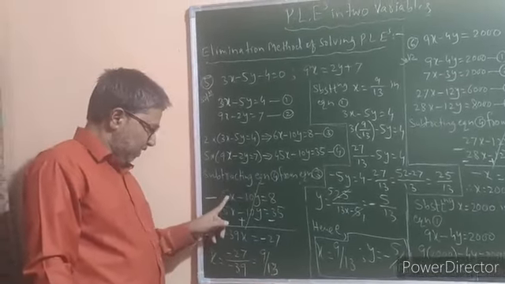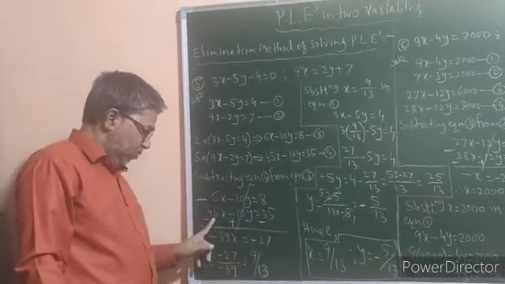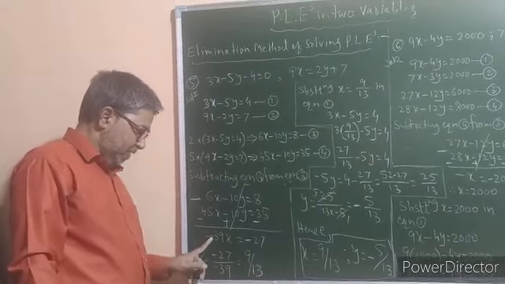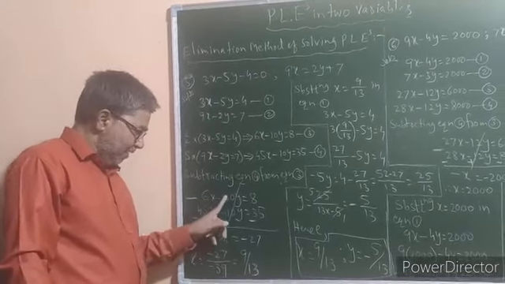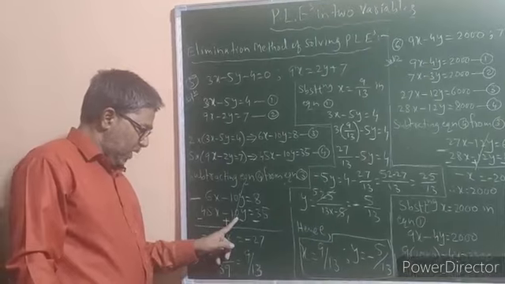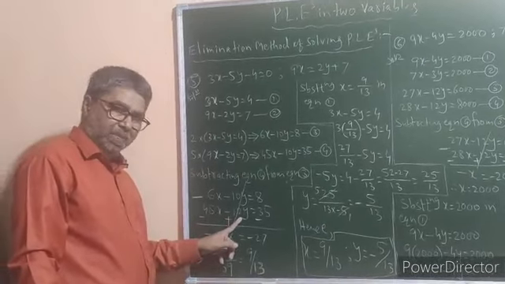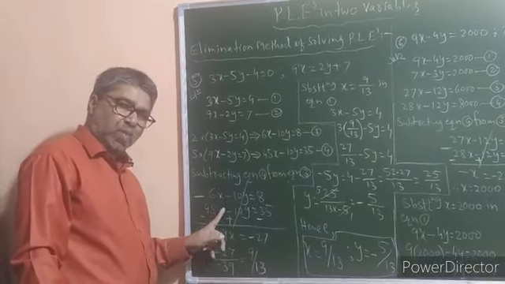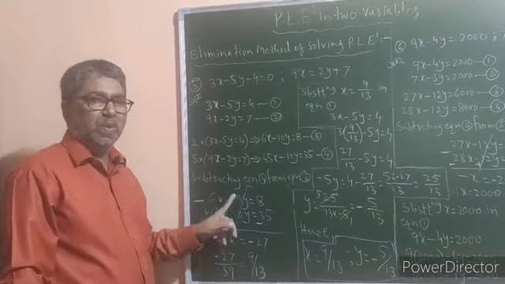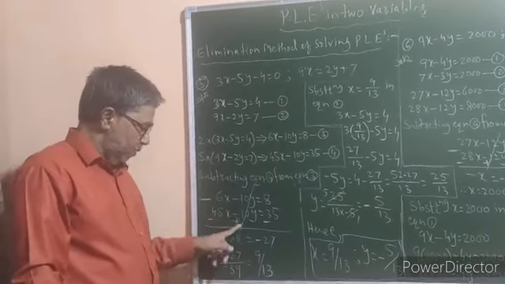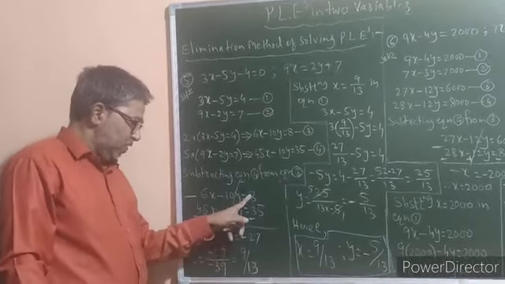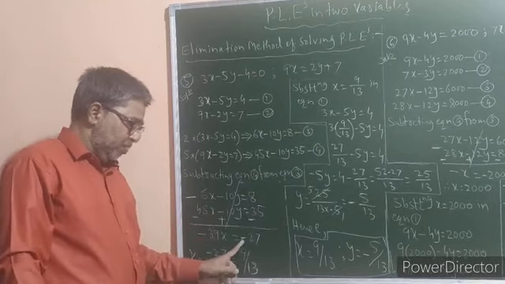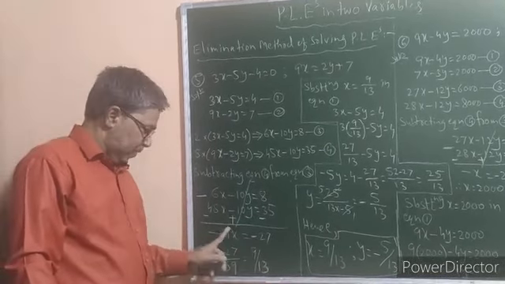Now plus 6x minus 45x is nothing but minus 39x, minus 10y plus 10y. 10y are same, one has got minus sign, one has got plus sign, so they will be cancelling. To eliminate them, plus 8 minus 35 will be minus 27.